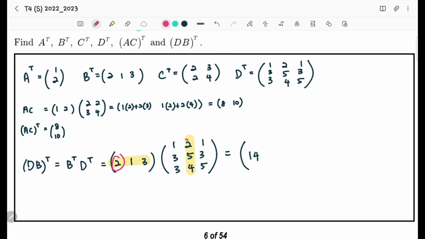Then 2 times 2, 1 times 5, 3 times 4, you will get 21. Lastly, 2 times 1, 1 times 3, plus 3 times 5. You'll get 20.